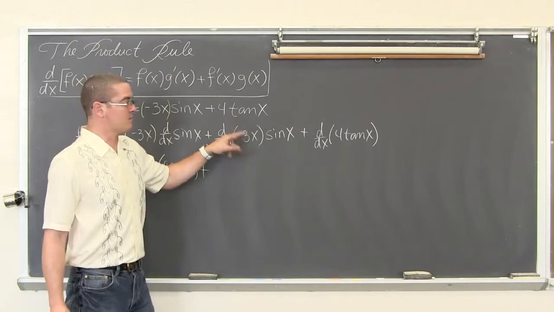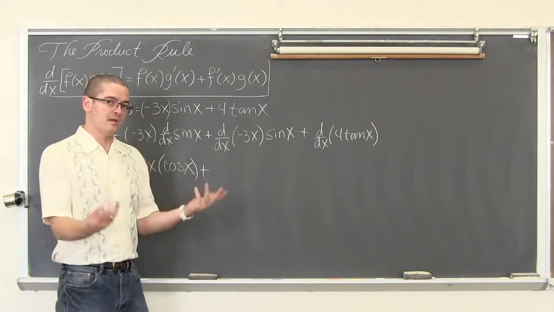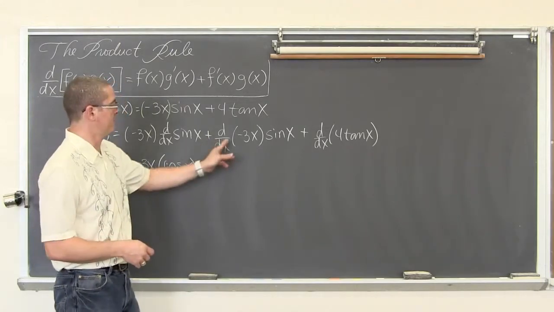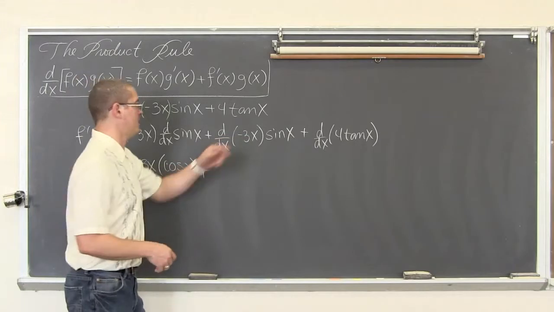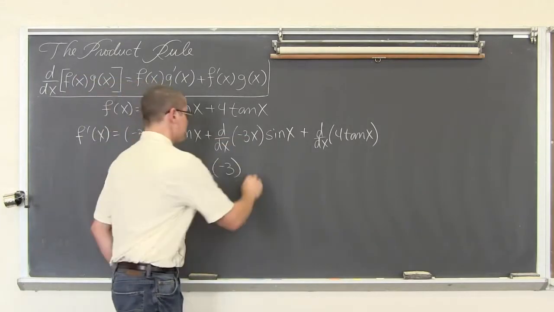So bring down that 1, multiply by negative 3, get negative 3. The exponent goes down to 0, so the x just becomes 1. So the derivative with respect to x of negative 3x is negative 3 times the sine of x.